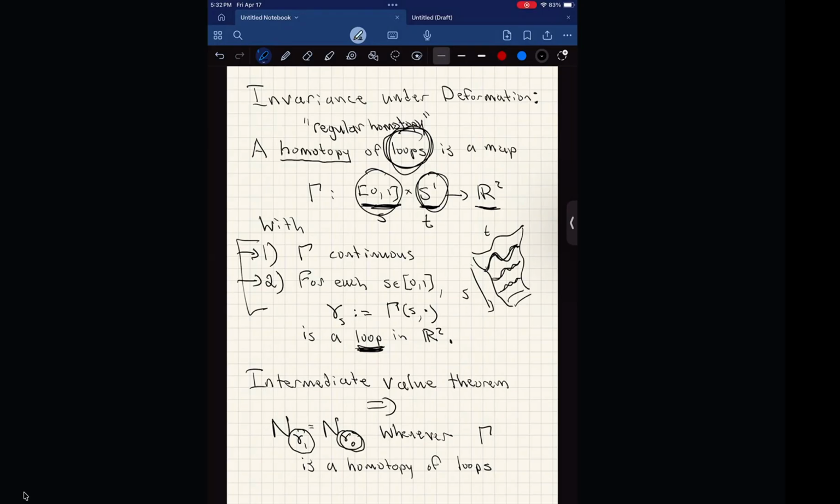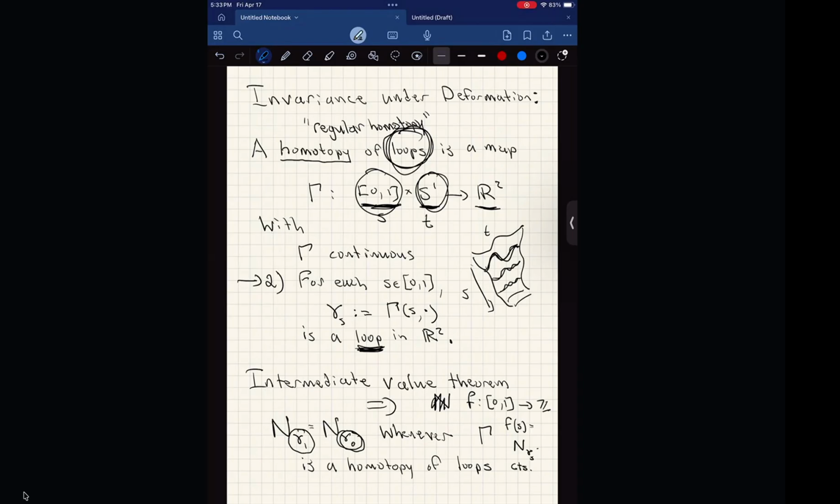This is because, if I consider the function f from the interval 0, 1 to the integers, where f of s is equal to the rotation number of the curve gamma s, this is continuous because of this property.